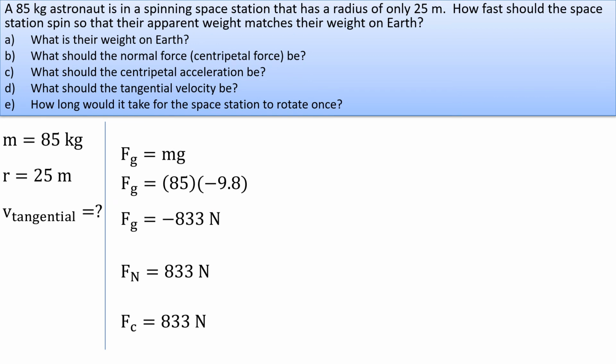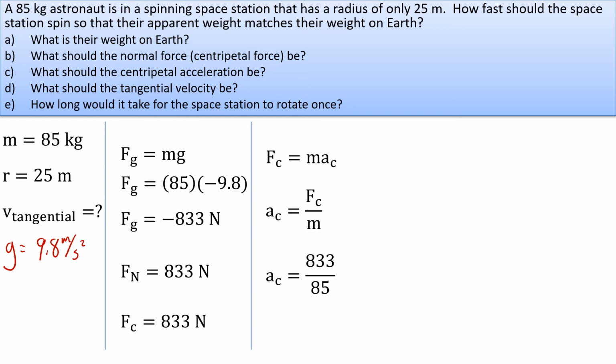Don't forget to write your units when you're taking a test or quiz. Anyway, so this is the one I circled before. You might know what the centripetal acceleration is going to be, but we could calculate it. So the desired force is 833 newtons. And guess what?